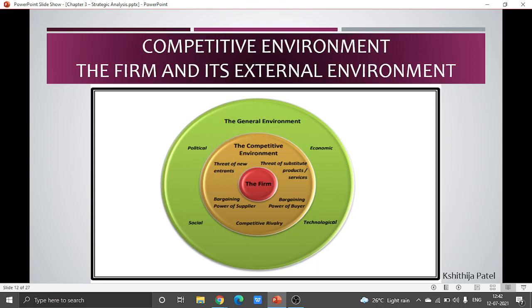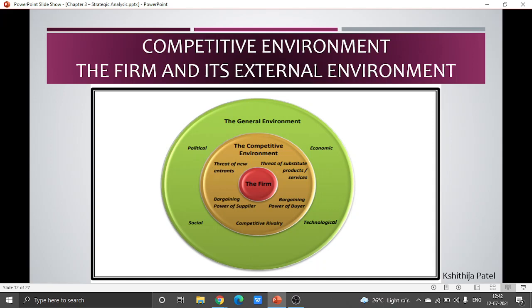Now, this industry can be defined as a group of all those firms which are producing or rendering the same product or products that are very close substitutes of one another. So that is our industry. Then what is this strategic group?